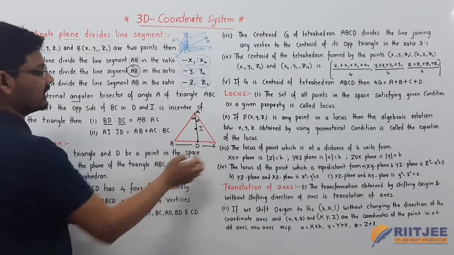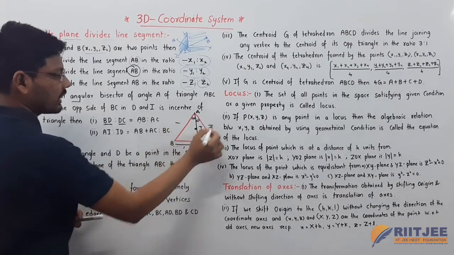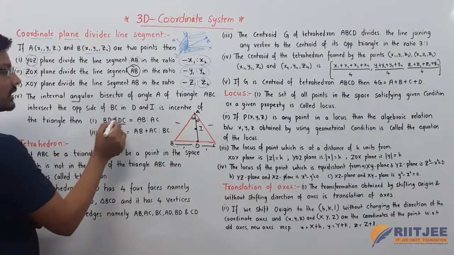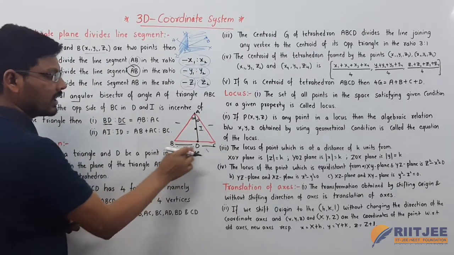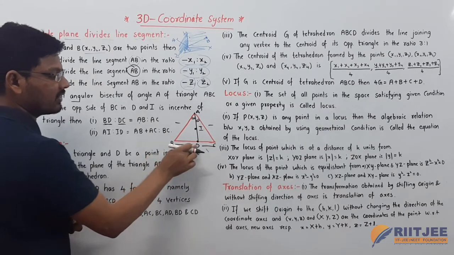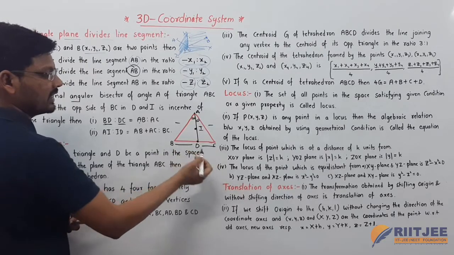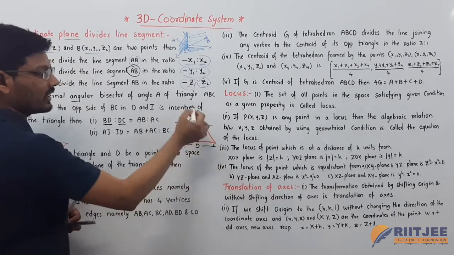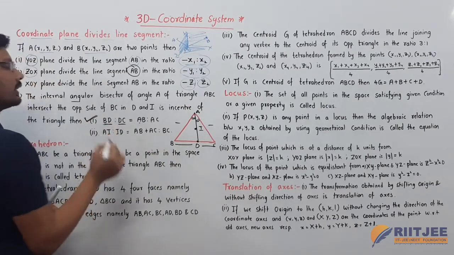The side BC is divided in the ratio BD is to CD, which equals AB is to AC. This is the point about this one.